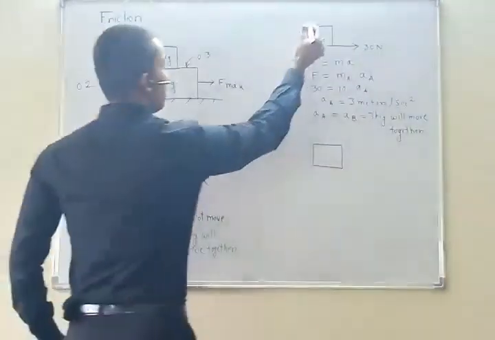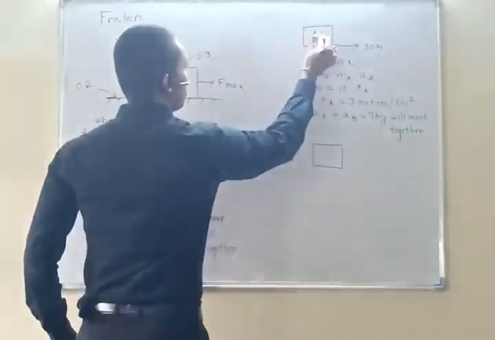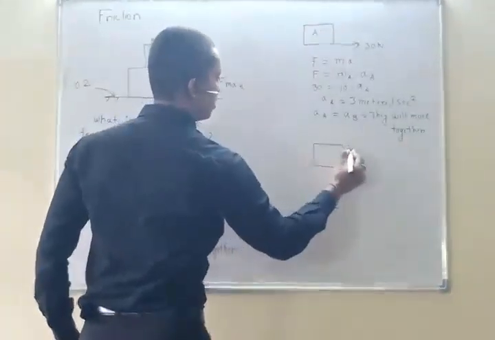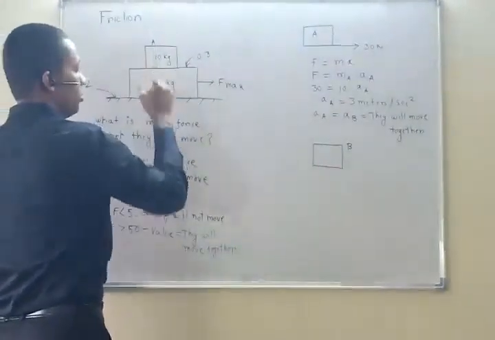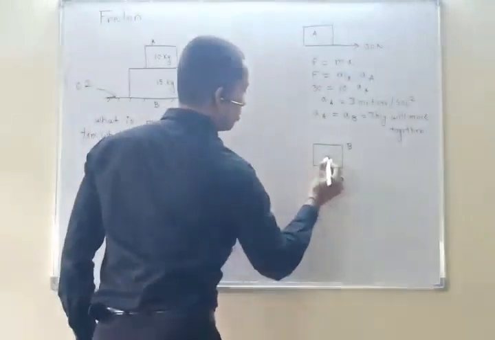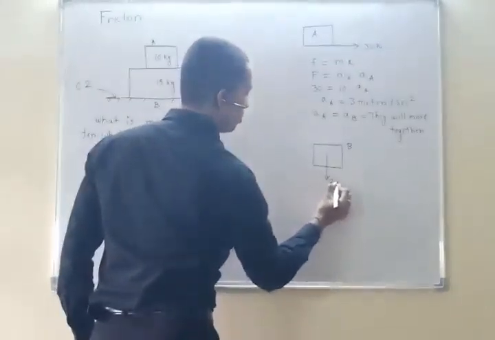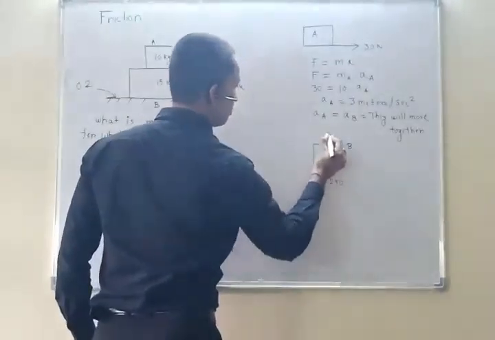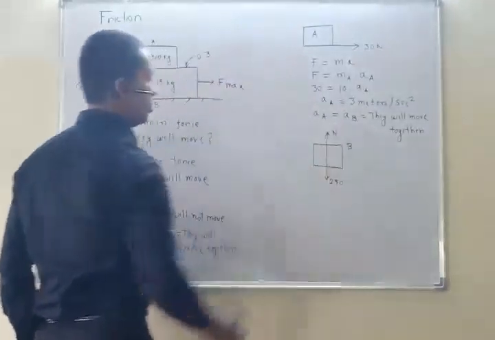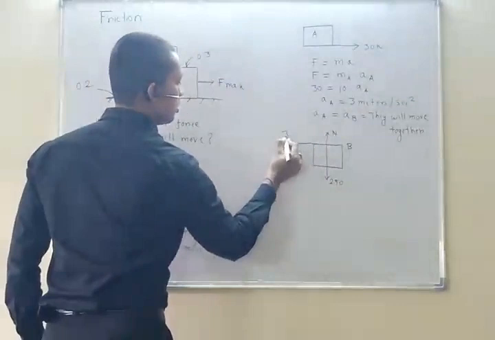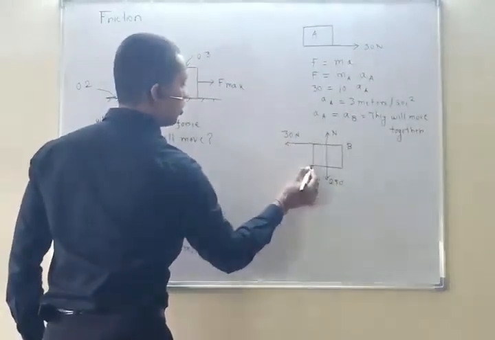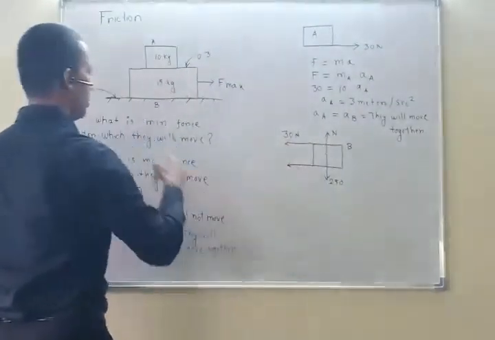This is A, this is B, writing it here. So this is 10, 15, 250. 25 into 10 is 250, acting like this. Normal is acting upward like this. One force is 30 in this direction. One force is acting in this direction.